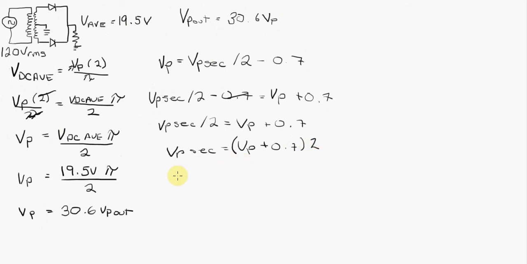That's our secondary voltage. If I put numbers in there now, V peak was 30.6 plus 0.7, times 2, which means the complete secondary voltage of the transformer was 62.6 volts peak.